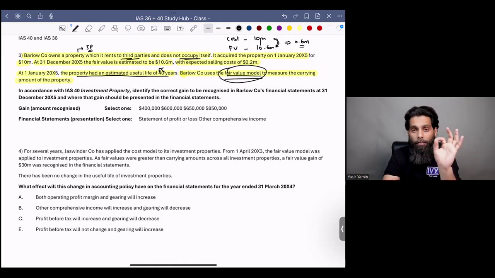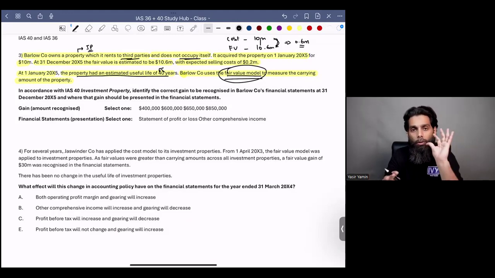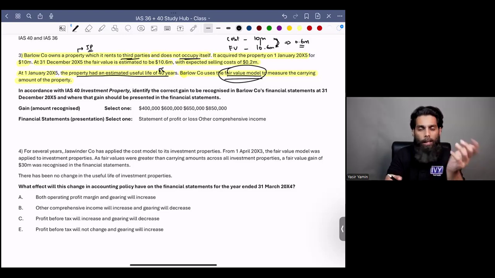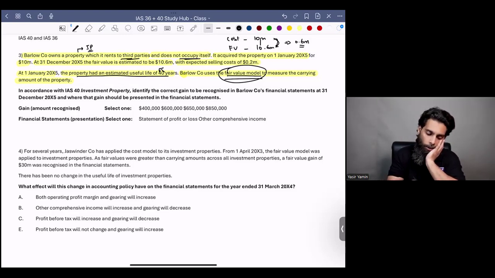Remember, guys, under fair value model, there is no depreciation. So you only mark to market, and whatever gain or loss arises is recognized under P&L. Make sense?